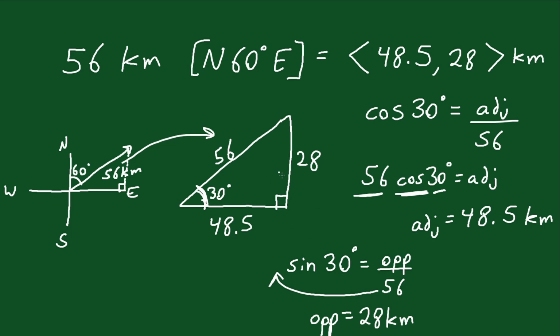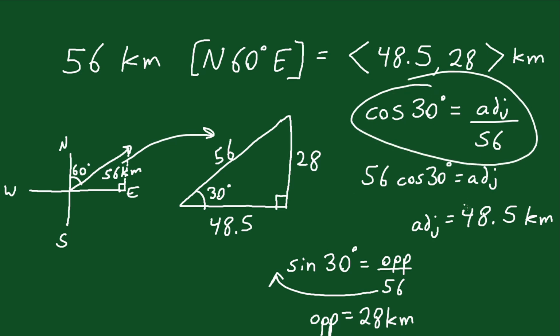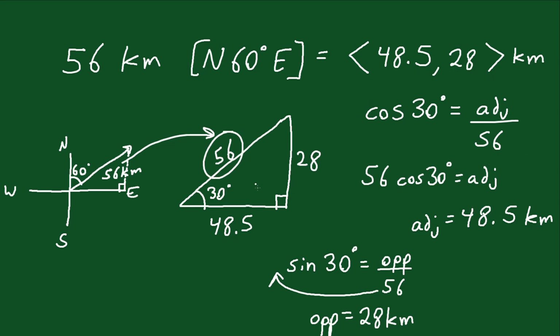If you want to find the y component, you just have to take that 56, right, and multiply it by sine of the angle. You can skip right to that step every time. There's no reason to start with this trig ratio. You don't have to do that unless you really want to. You can simply multiply the magnitude by cos of the angle or sine of the angle in order to get these components.